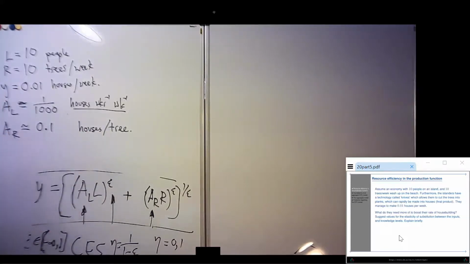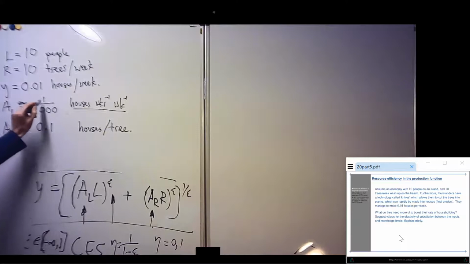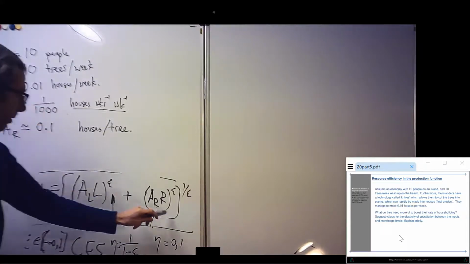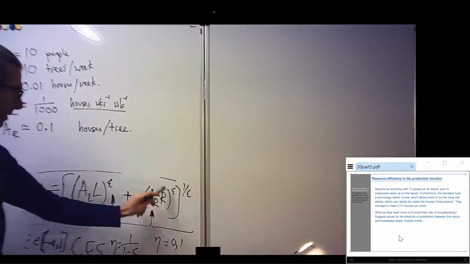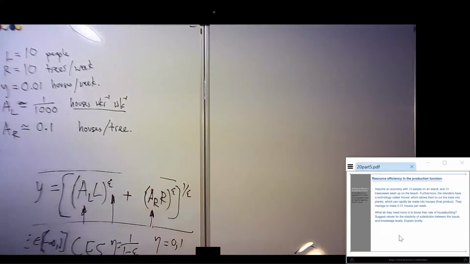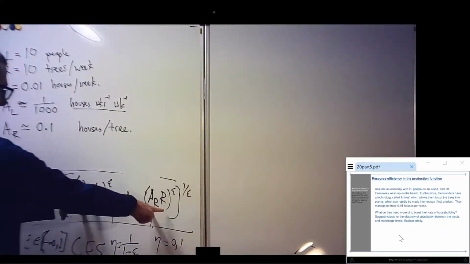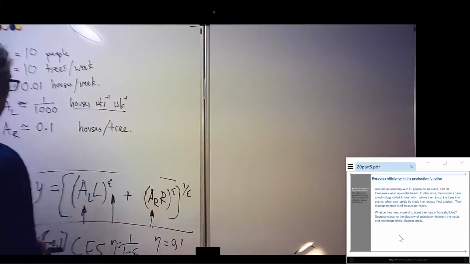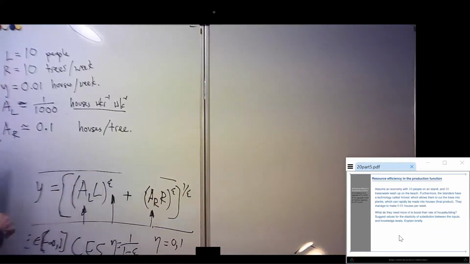Okay, that seems reasonable, and that would make it 100 times bigger than AL. So that fits with the story that this is in huge excess supply. And if we stick the numbers in and work this out, well, then finally we need a value for epsilon, right?